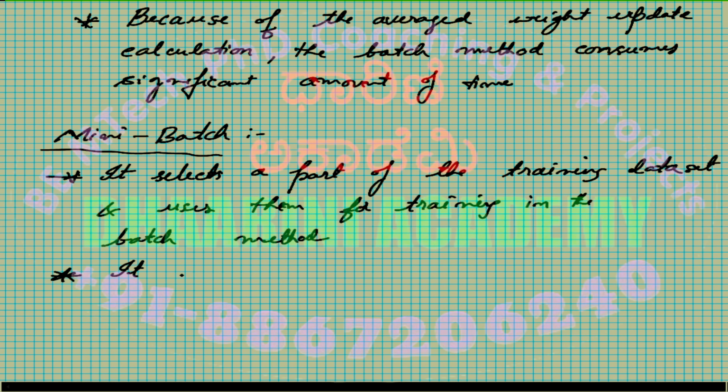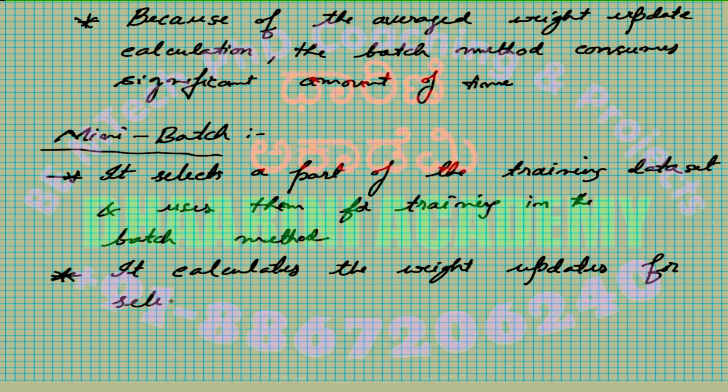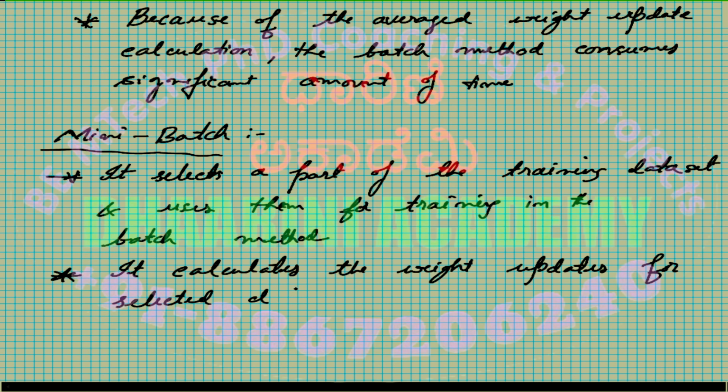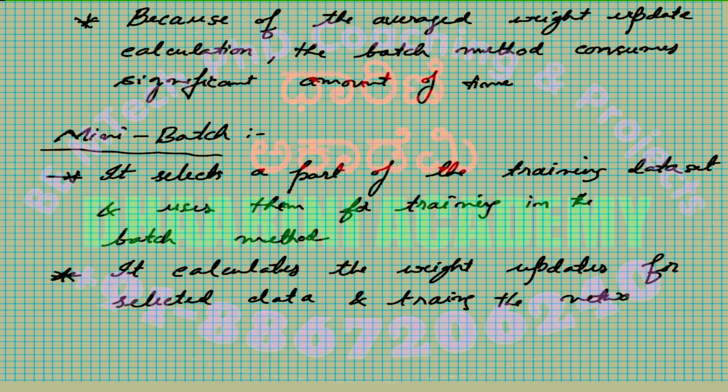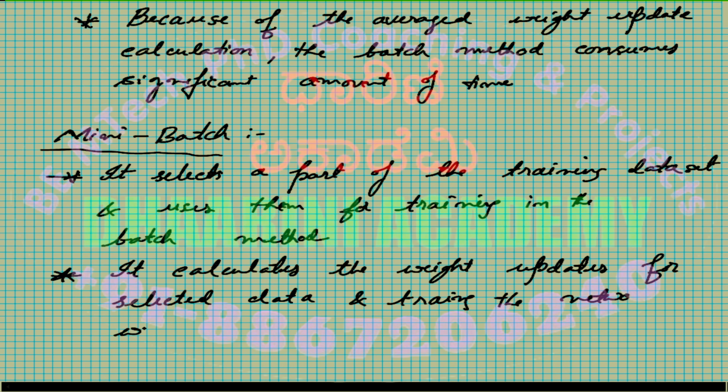So it means it basically calculates the weight updates for selected data, and it's going to train the network with average weights.